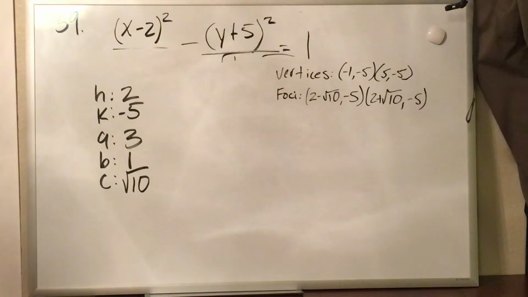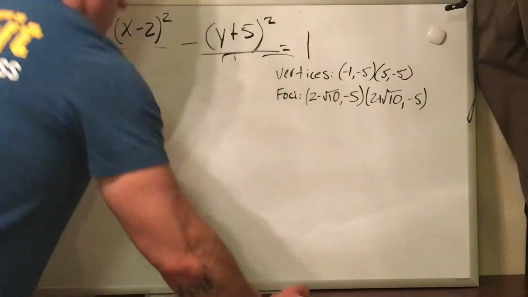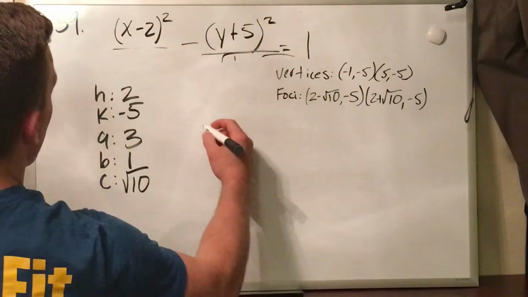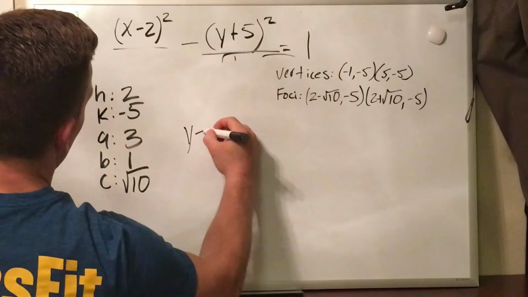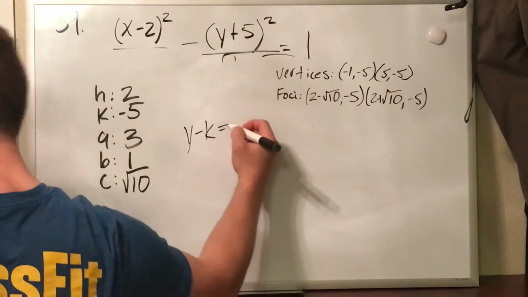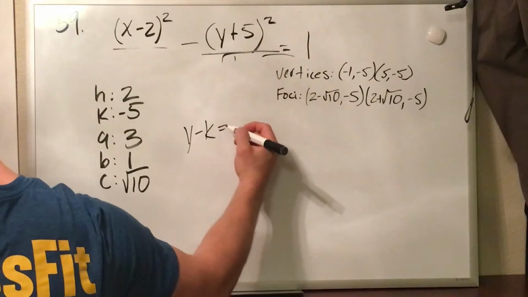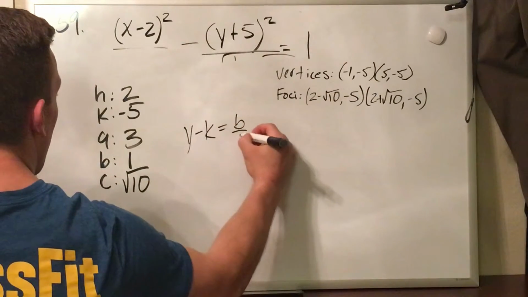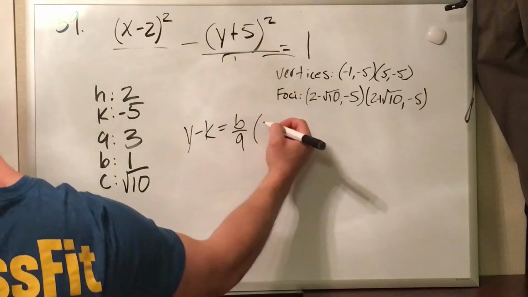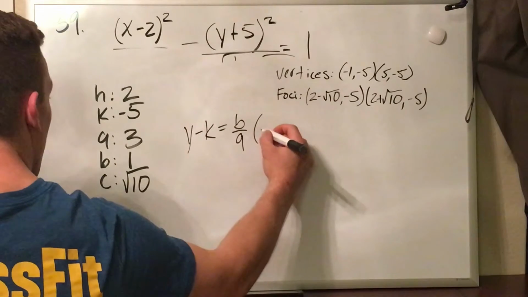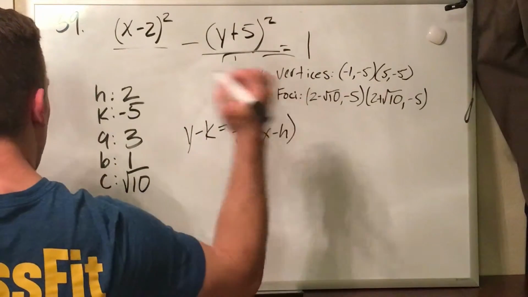Alright, to find our asymptotes, we're going to use the equation y minus k equals b over a times x minus h.